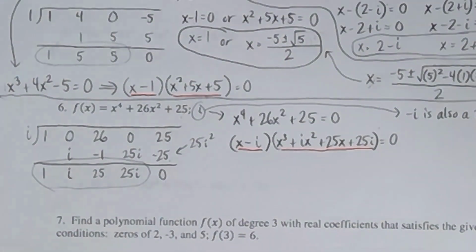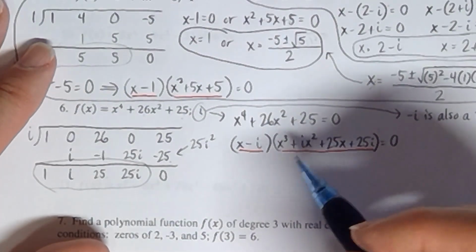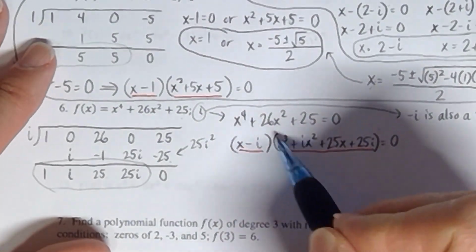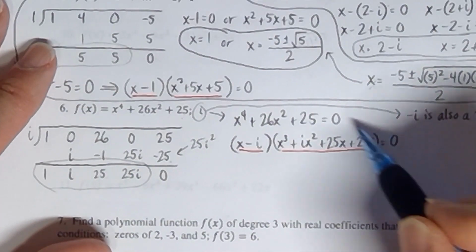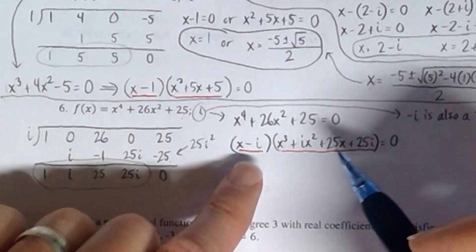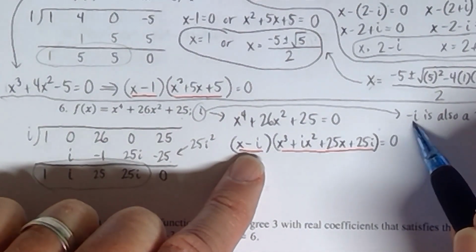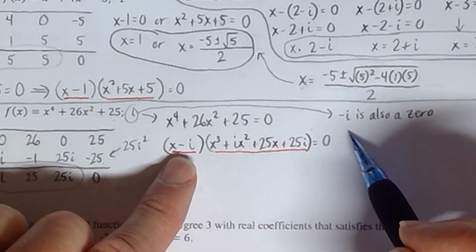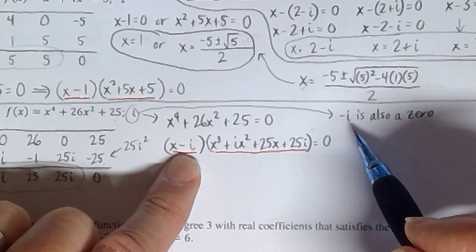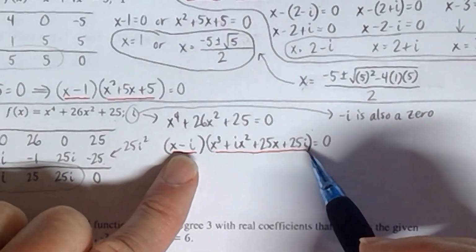Since that's also a 0, and since it's not going to make this factor equal to 0, it must make this factor equal to 0. Remember I talked about that earlier, where if you've got two factors and you know that a particular number is 0 and it does not make the first factor equal to 0, it must make the second one equal to 0.